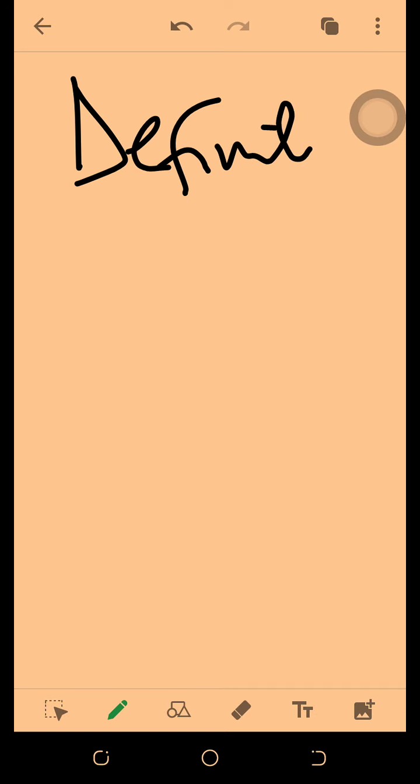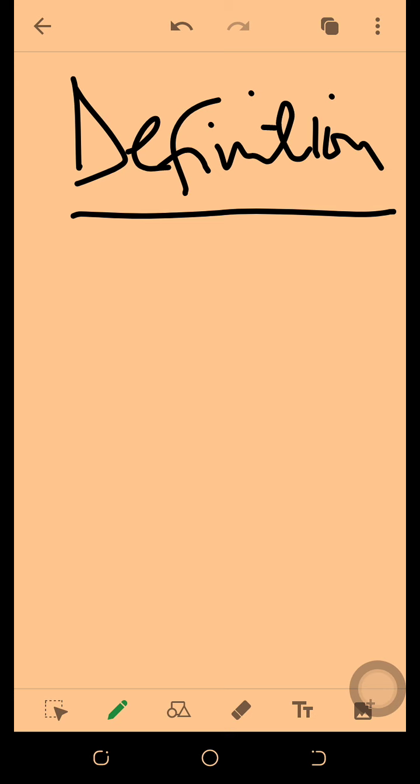Now let's look at the definition of angle. What is an angle? Before we move on to the definition, let's try to find out the root word for angle, or the Latin word for angle.